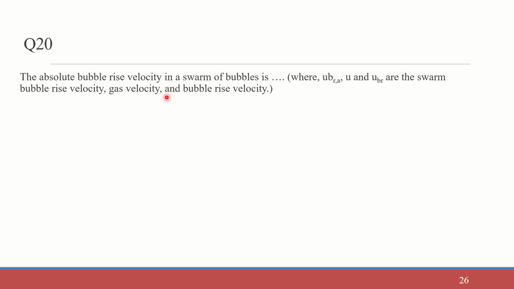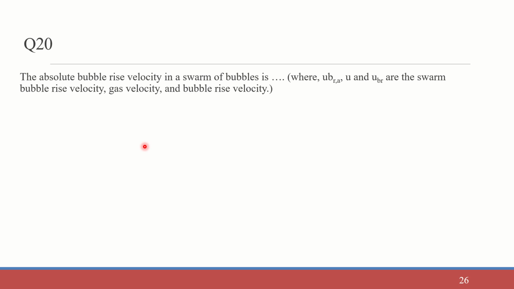So here, instead of a single rising bubble, we are having a swarm of bubbles. What is the absolute bubble rise velocity for that? In the equation, we have terms involving UBRA, which is the swarm bubble rise velocity, U, the gas velocity, and UBR, the bubble rise velocity.